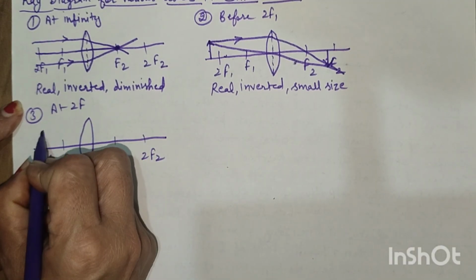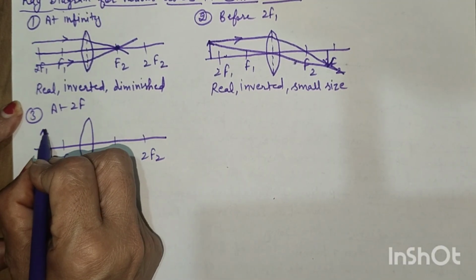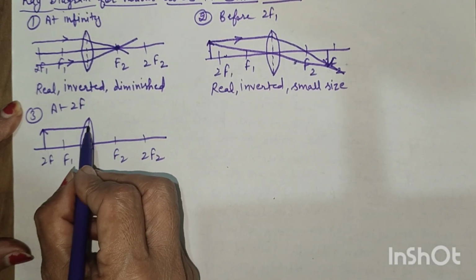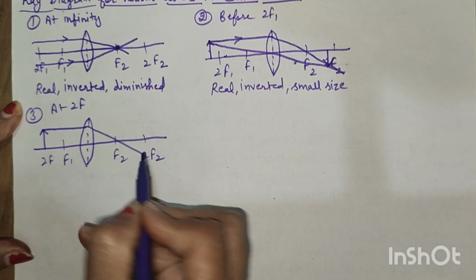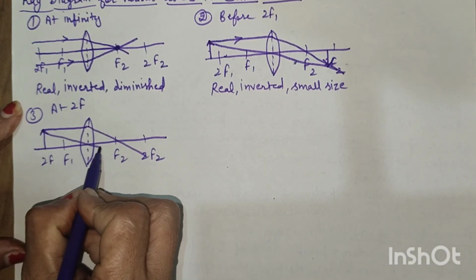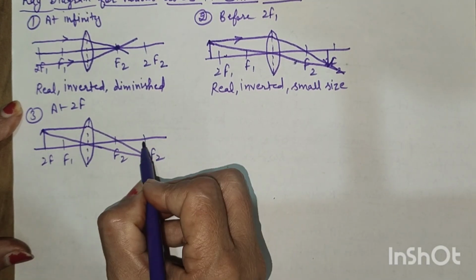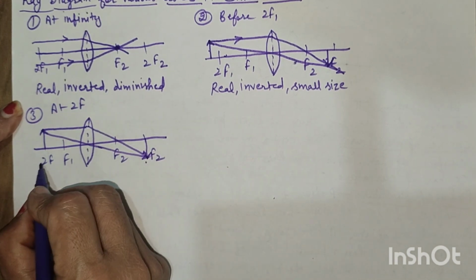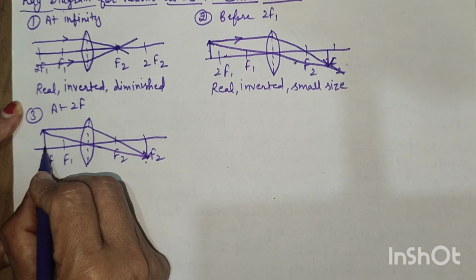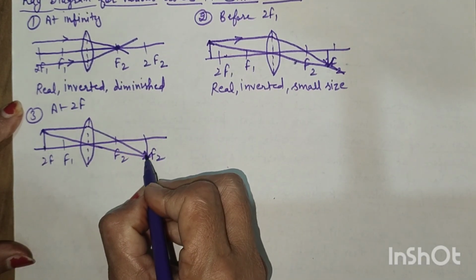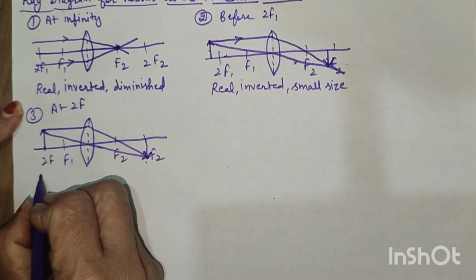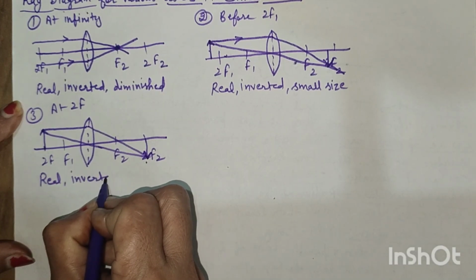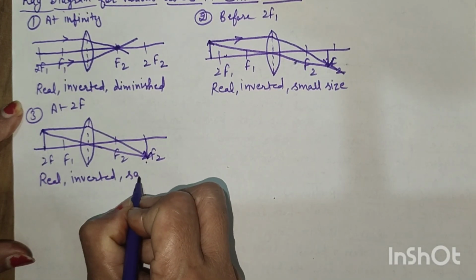Now at 2F, the first ray goes parallel to the principal axis, then passes through the focus and then passes through the optical center, and the image is formed at the 2F. If the object is at the 2F, the image is also at the 2F. The image formed is real, inverted and the same size as the object.